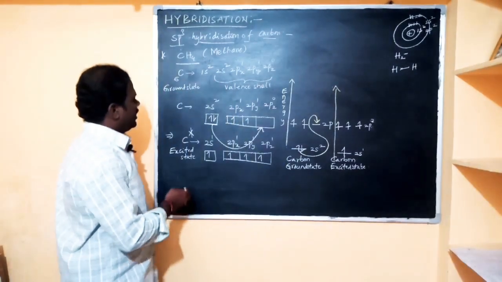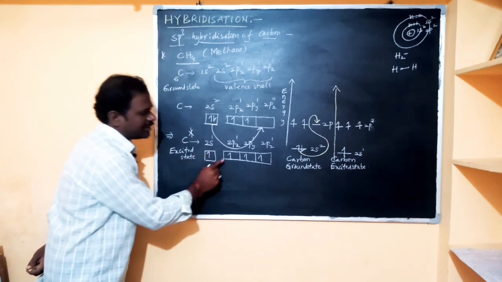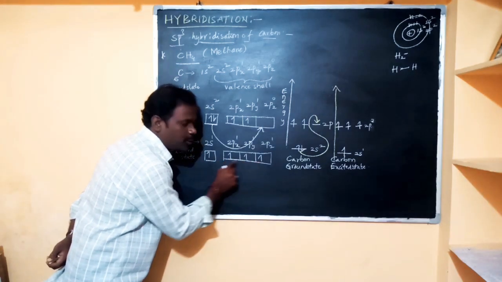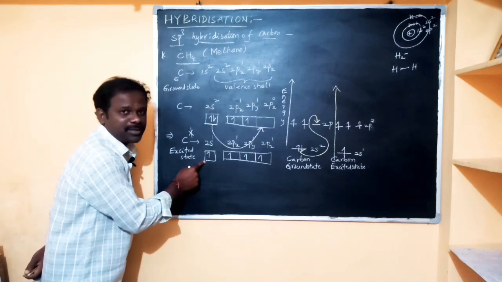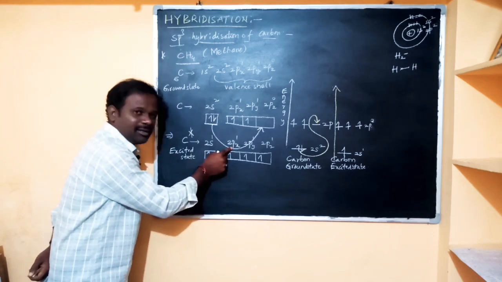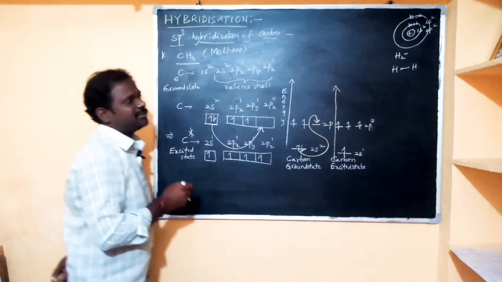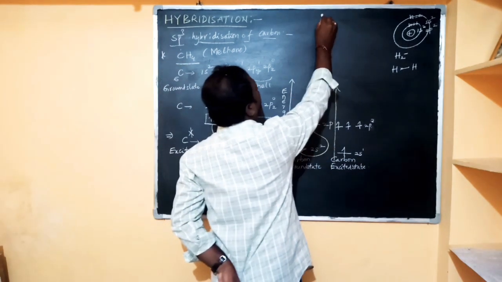Here in this carbon there are 3 unpaired electrons in the 2p subshell and 1 unpaired electron in the 2s subshell. We know that 2p orbitals are dumbbell-like in shape, right? What is the shape of the px orbital?